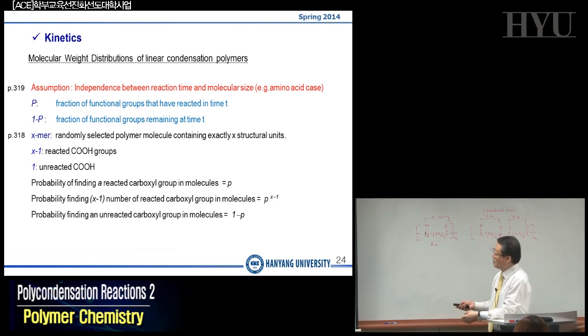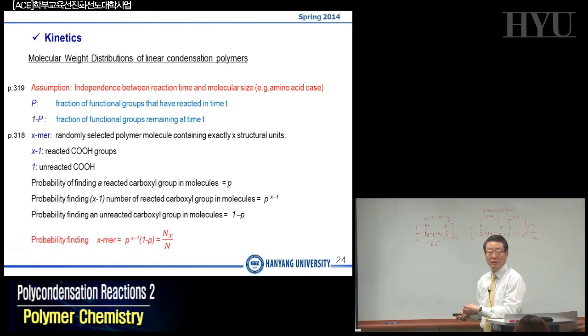So for xmer, the probability of finding the xmer in your system is the probability of finding the X minus 1 carboxylic acid groups that were reacted, times the 1 carboxylic acid group unreacted at the end of a chain, which means the probability of finding xmer is equal to P to the X minus 1 times 1 minus P, and is equal to Nx divided by N. Nx means the number of xmer molecules, divided by the number of molecules that were initially present.